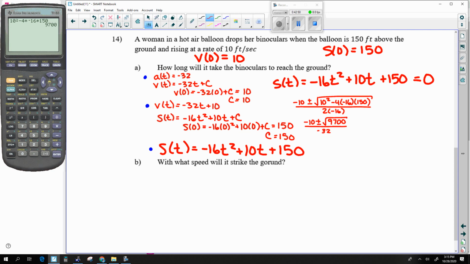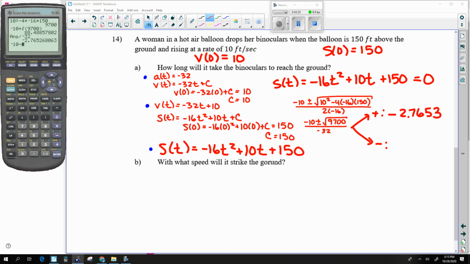All right, so from this, I'm going to be getting a plus answer and a minus answer from the plus or minus portion of the question. Again, this is representative of time. So negative 10 plus the square root of 9700 divided by negative 32 is a negative number. That is not the answer. So let's get that minus answer.